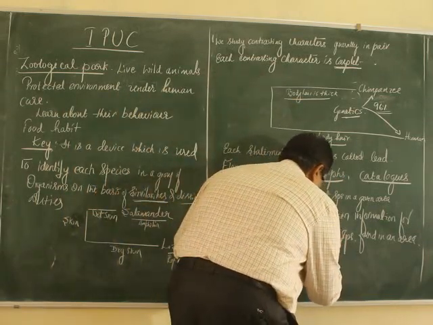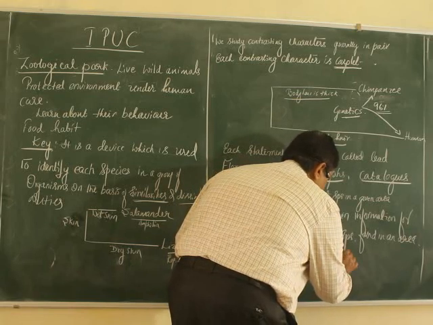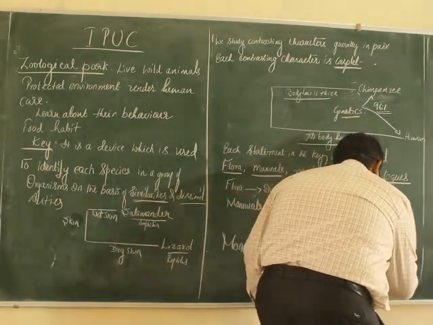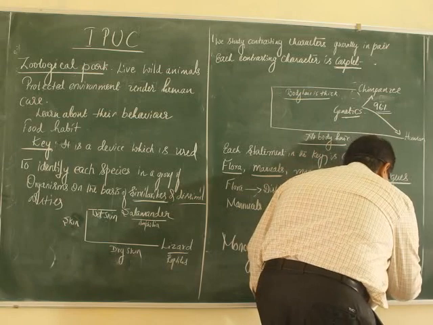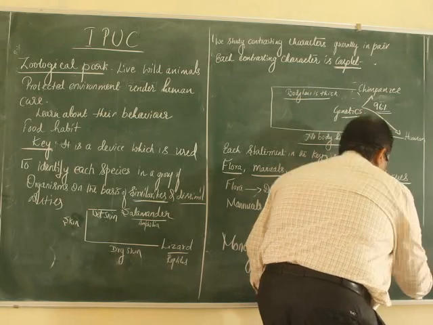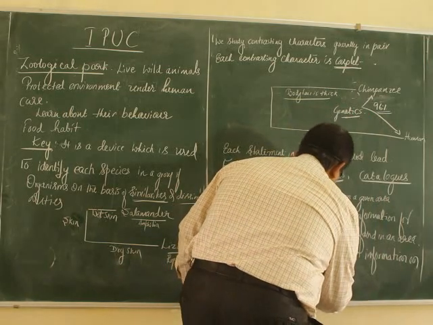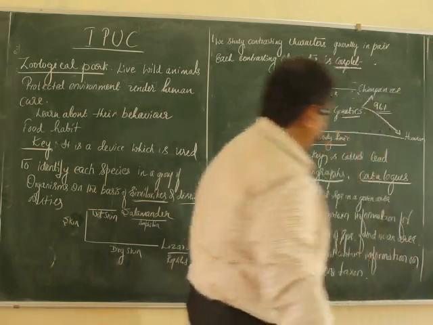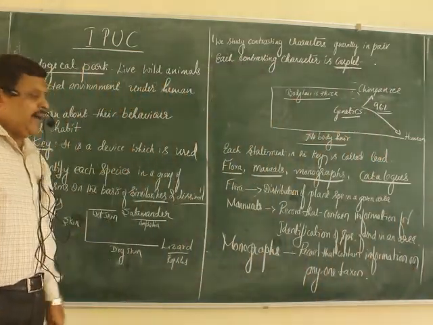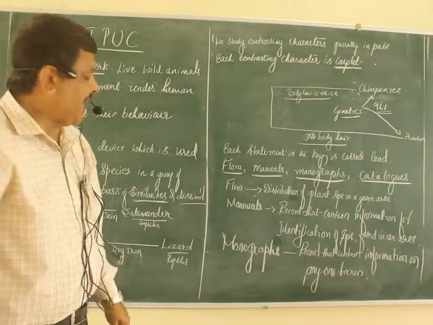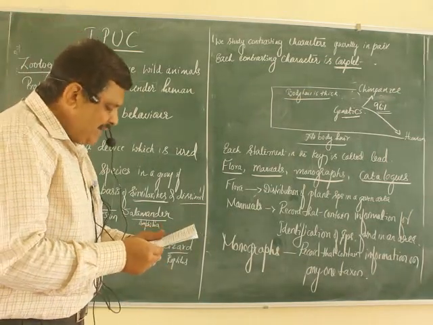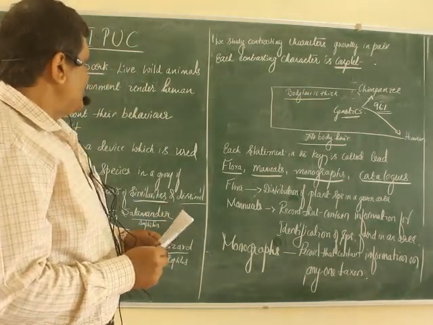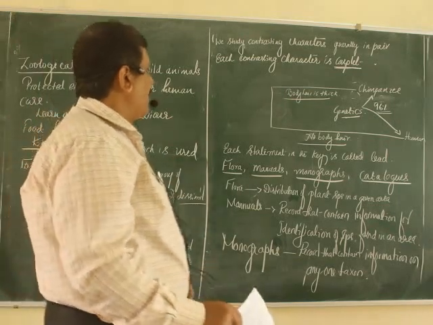A record that contains information on any one taxon is called a monograph. So, my dear students, you should write down all these points that I wrote now.